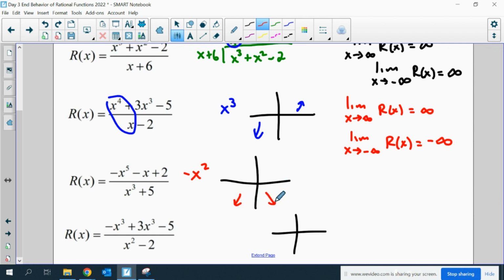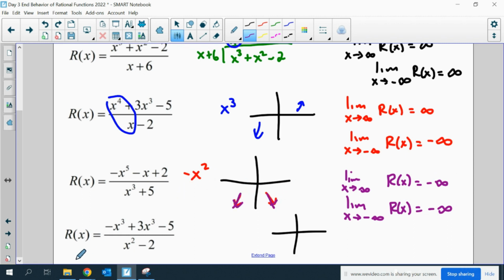So my end behavior is going to look something like this, which means that if I do the limit, or end behavior, as x goes to positive infinity or x goes to negative infinity, that's not very good handwriting, it's going to be negative infinity in both cases. So I can kind of just think about what's going to happen as I go off toward infinity in these cases.